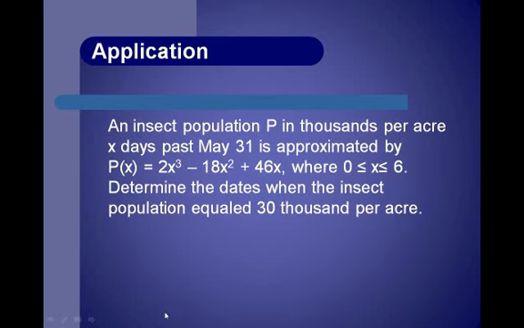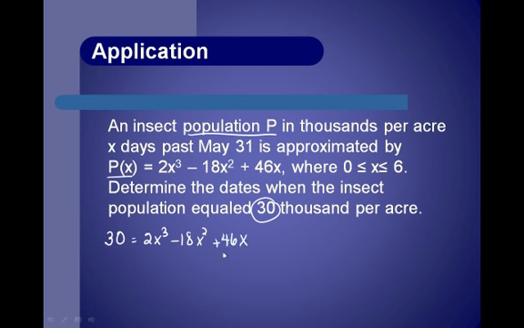Determine the dates when the insect population equaled 30,000 per acre. So what that means is the population is P, so we want to solve that equation when P is equal to 30. So we're going to have 30 is equal to 2x to the third minus 18x squared plus 46x.